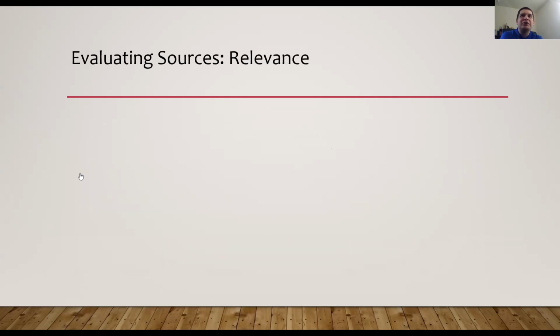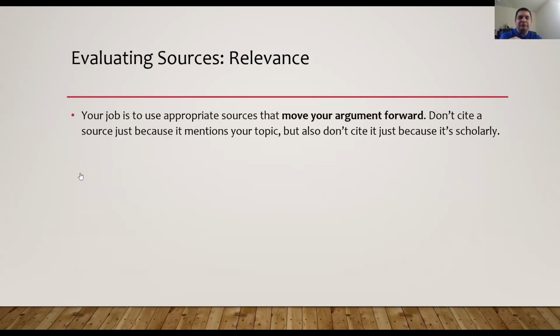The second thing you want to evaluate in your sources is how relevant they are for your paper. So this is where it gets a little tricky. Your job is to use appropriate sources for the assignment, because you might have assignments where you can only use academic books or journal articles, or you can't use Google, or you can't use Wikipedia.